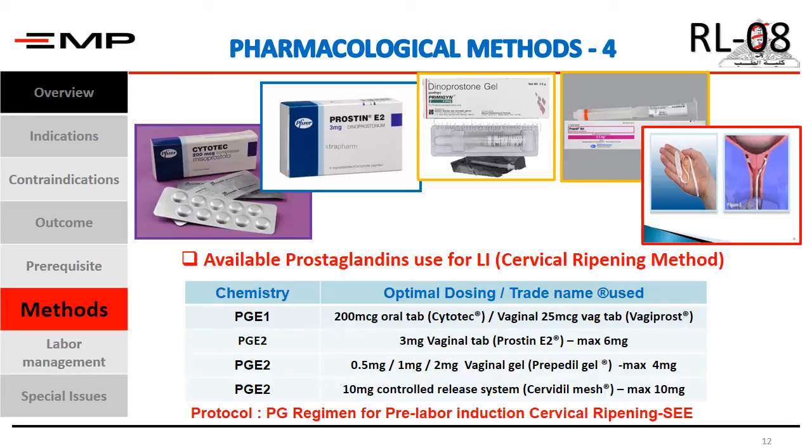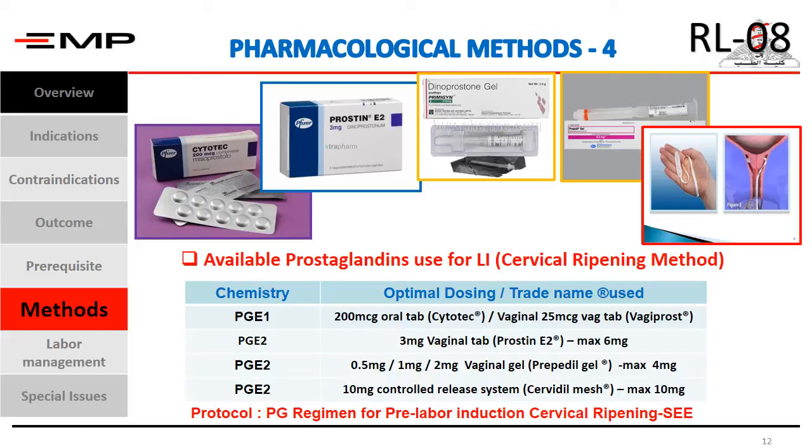Only one form of prostaglandin E1, misoprostol, and three forms of prostaglandin E2, dinoprostone, are available commercially. Prostaglandin E1 analog misoprostol is a synthetic prostaglandin which is marketed as an anti-ulcer agent under the trade name Cytotec.